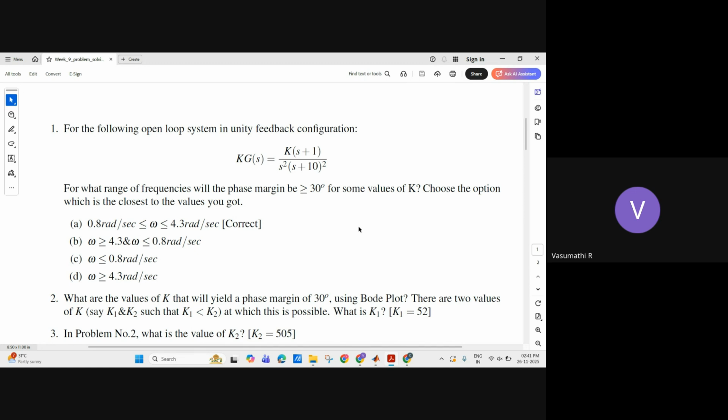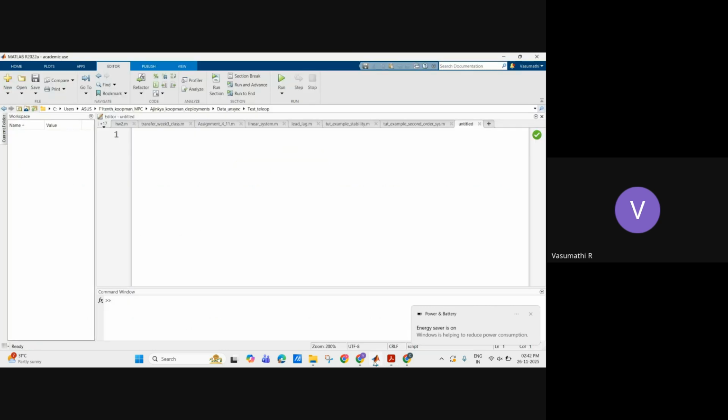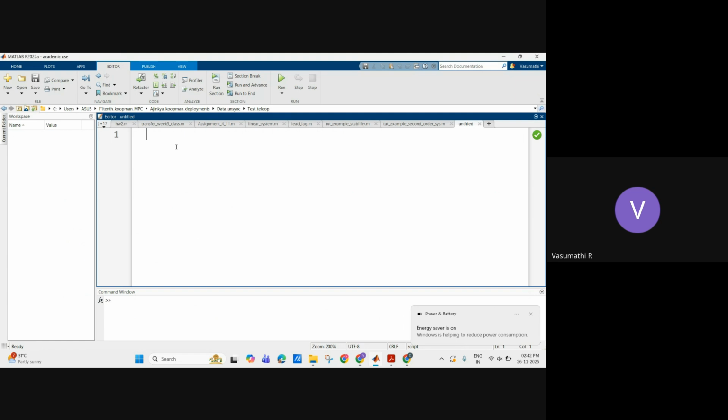The k gain you have to change so that the overall system's phase margin is greater than 30. They have given a few options. Let us first solve this in MATLAB and see what the actual phase margin is for k value of 1, and then we can change the k value based on the phase margin we need.